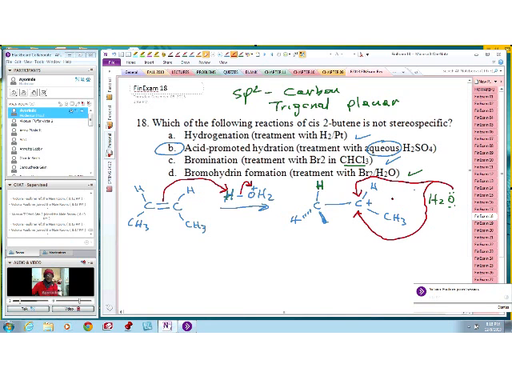Now, there is no reason to believe that it will come from the top any faster than it will come from the bottom, because this part of the molecule is flat. Therefore, you are going to get 2 products.